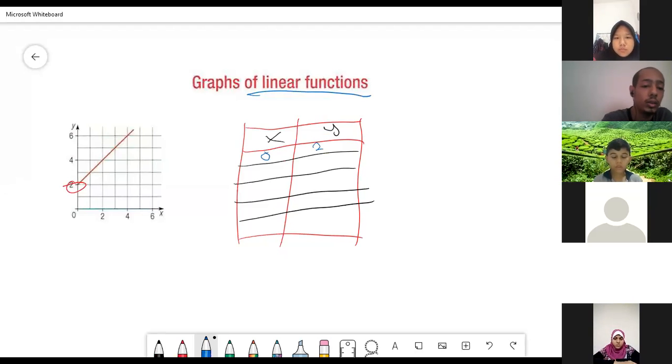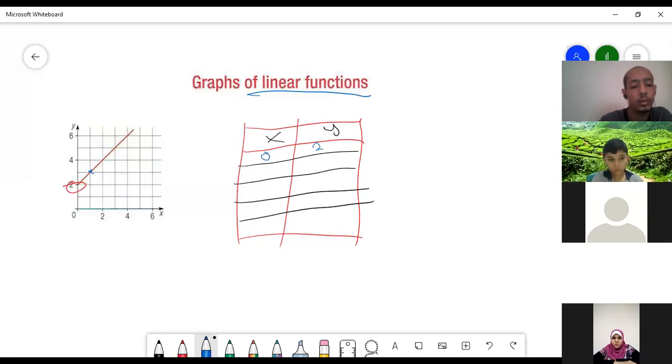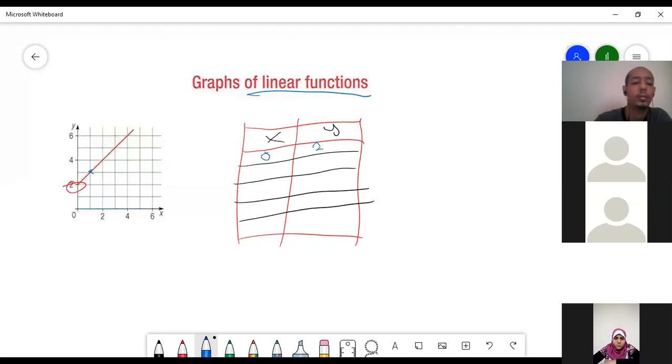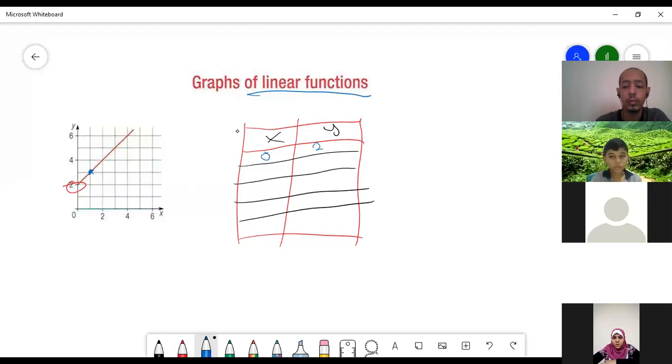Okay. Genna, can you tell me the coordinates of this point? 1 and 3. 1 and 3. What about this point?